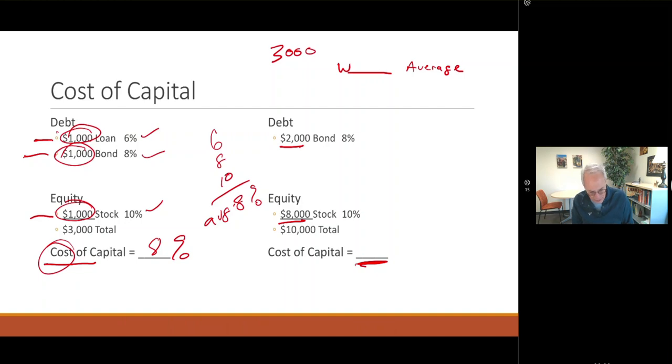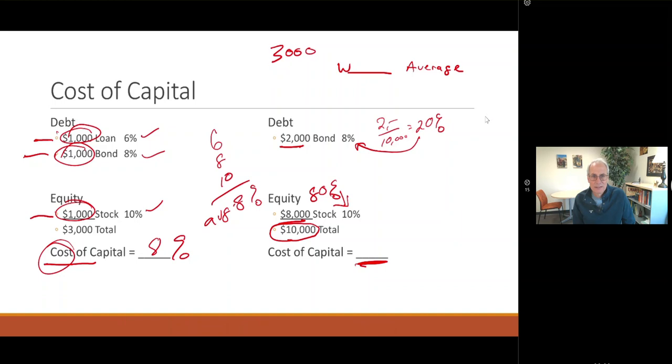So if we have $10,000 that we have raised, that means 2 out of 10, or 20% of our money, is at 8%. 80% of our money is at 10%. So we would have to do the weighted average.